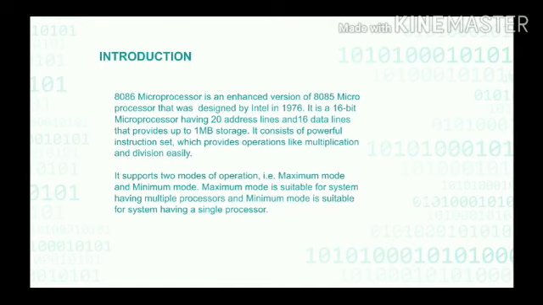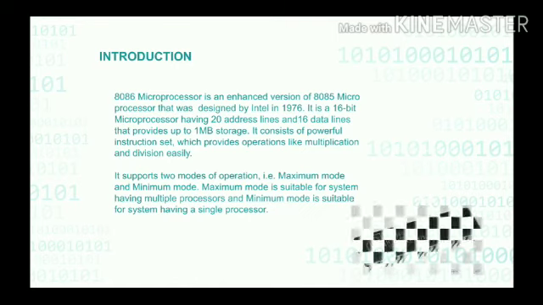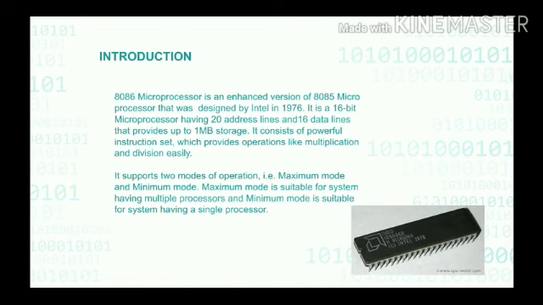It consists of powerful instruction set which provides operations like multiplication and division easily. It supports two modes of operation, that is maximum mode and minimum mode. Maximum mode is suitable for system having multiple processors and minimum mode is suitable for system having single processor.